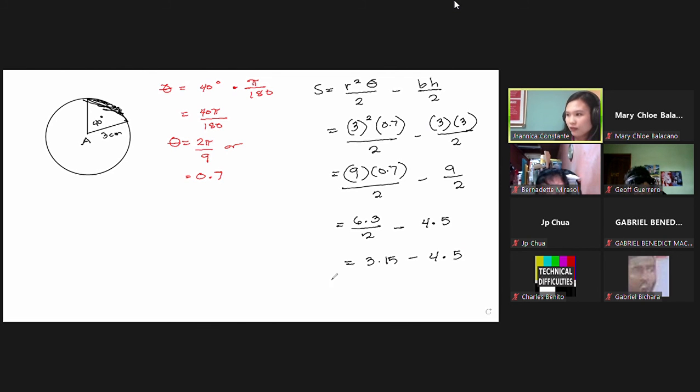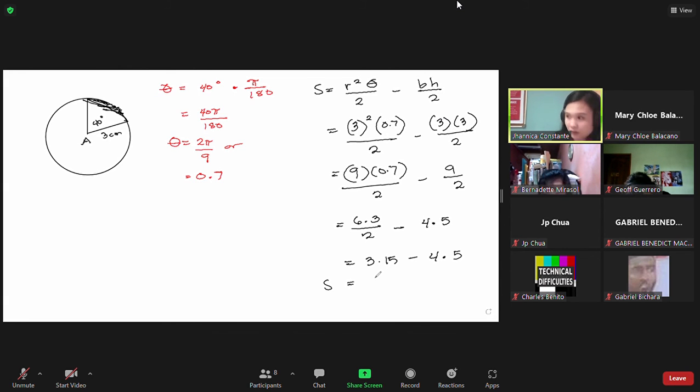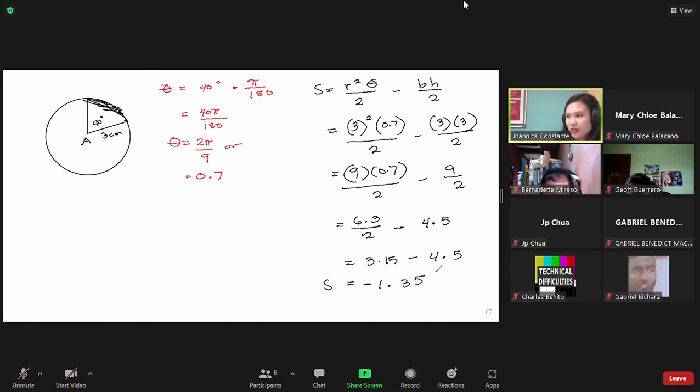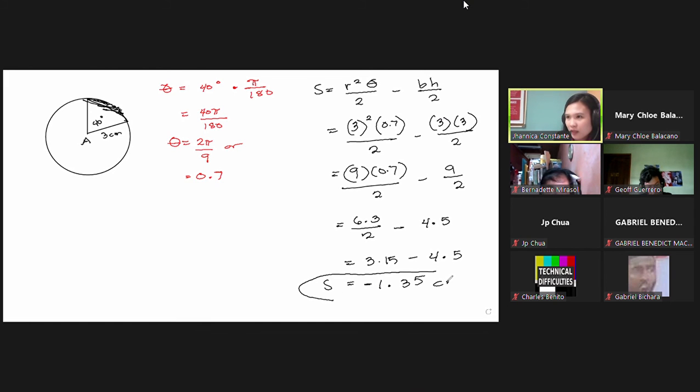So the area of our segment is equal to 3.15 minus 4.5, which is negative 1.35. So that's the area of our segment, centimeter squared, given that the radius of our circle is 3 and a central angle which is 40 degrees.